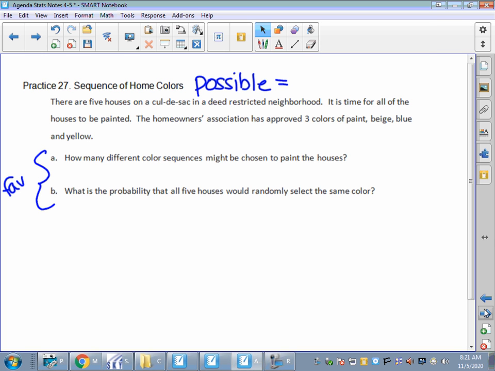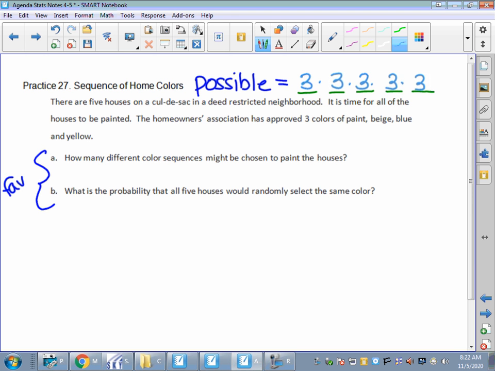So possible, I've got 5 houses, and all of them are going to be able to choose what color paint. How many paint colors do they have to choose from? 3 different paint colors, right? And the second house has 3 different paint colors. The third house, the fourth house, and the fifth house. Fundamental counting principle says that I need to multiply.